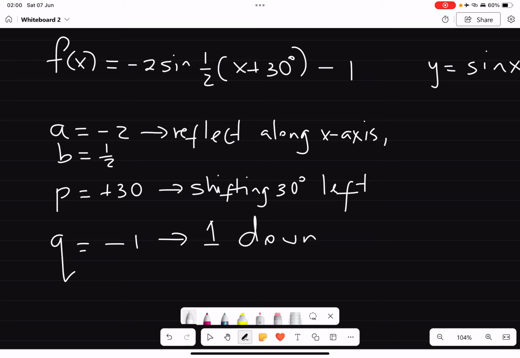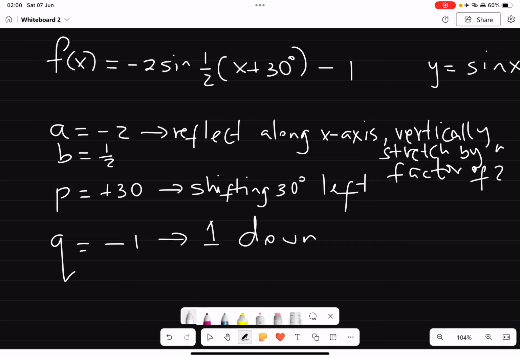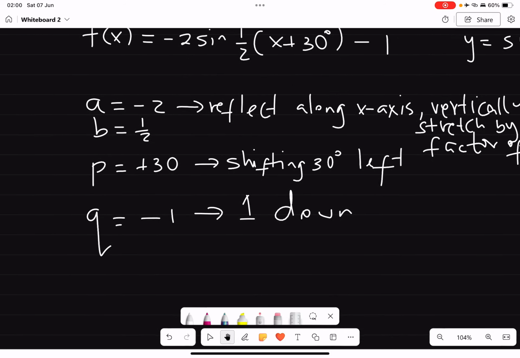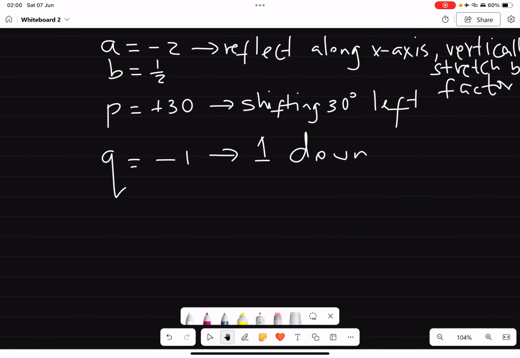If A was 0 point something, we would be compressing. So we're going to say vertically stretch by a factor of 2. All right. So we're vertically stretching by a factor of 2.